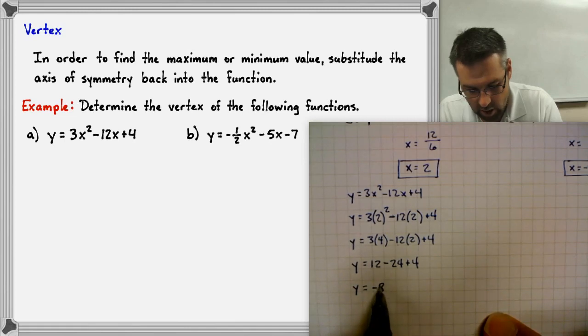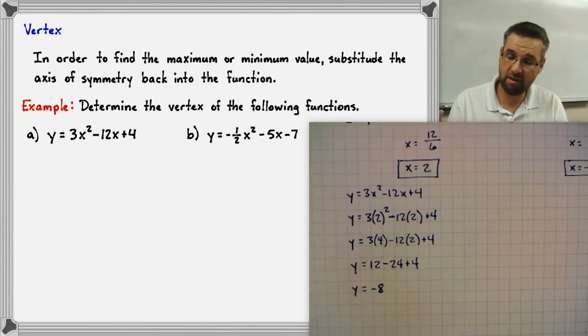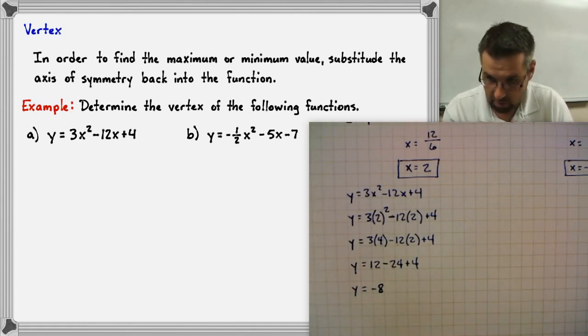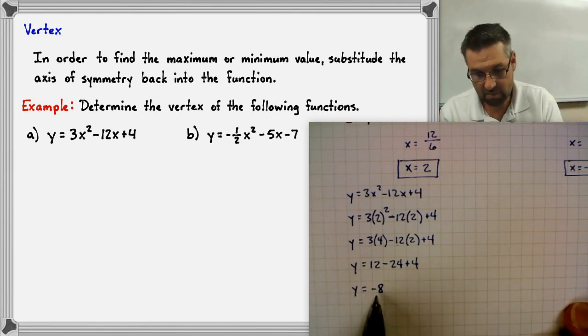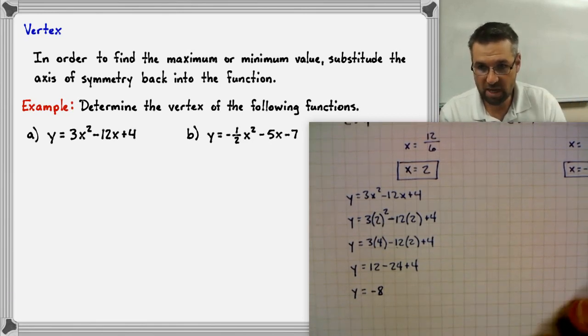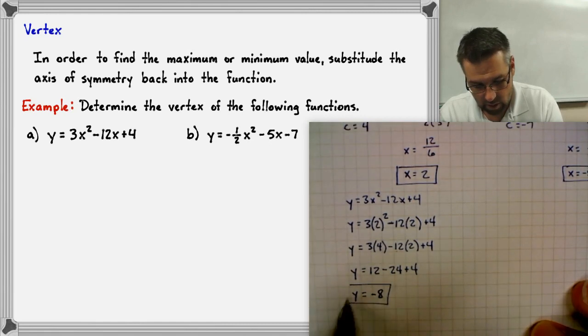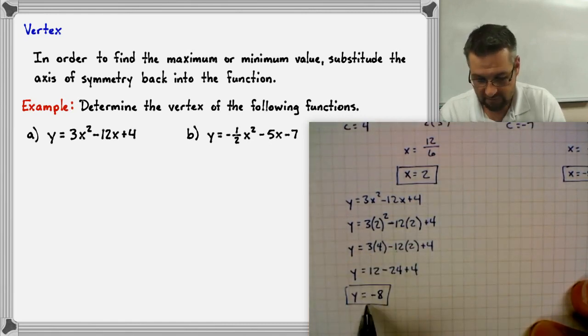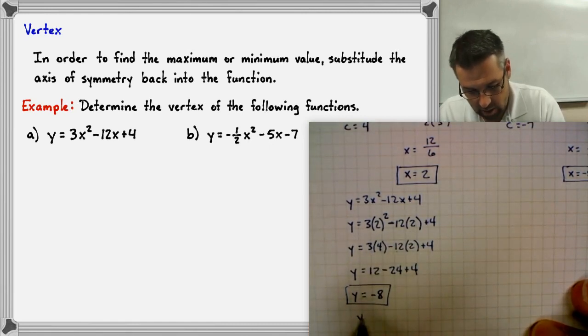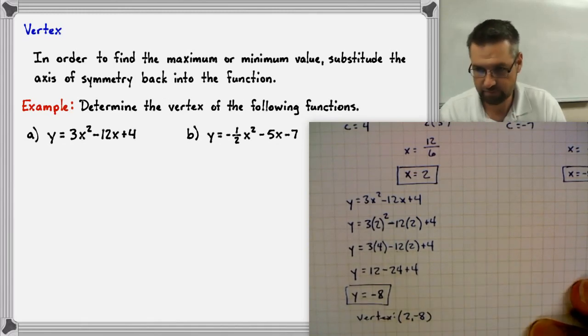So we can see that our maximum value or our minimum value, depending on which way the parabola is opening, is going to be negative 8. Well, because we have an x value of 2 and a y value of negative 8, we can conclude that our vertex is 2, negative 8.